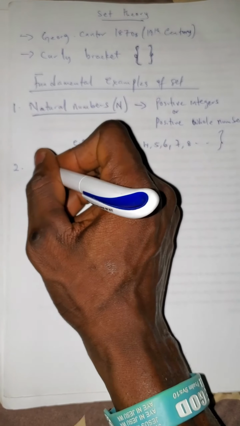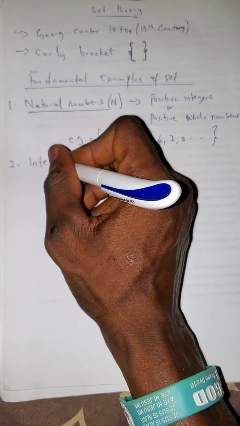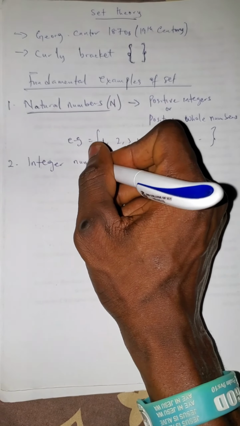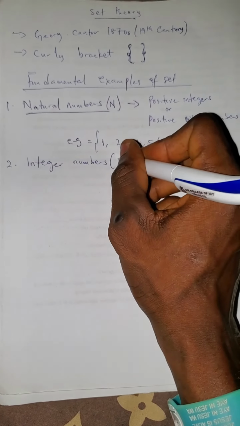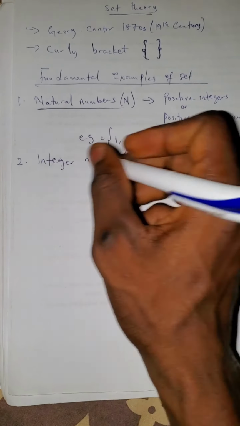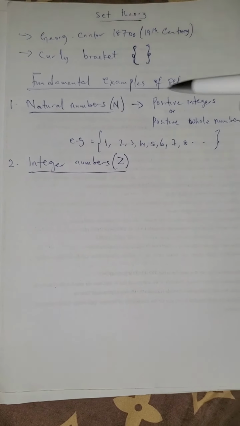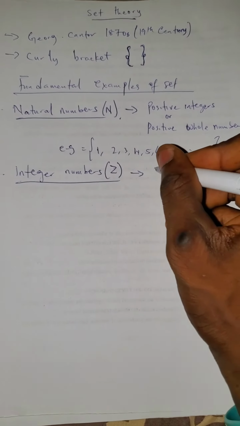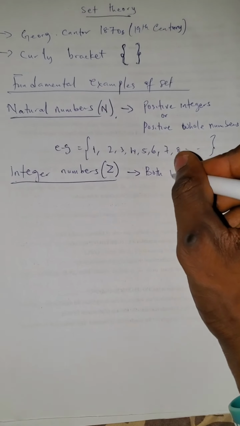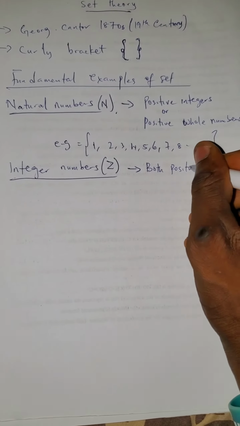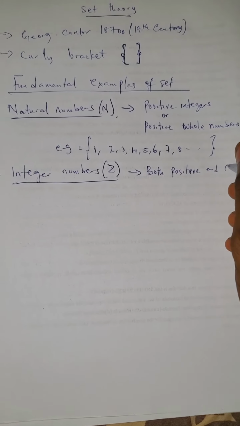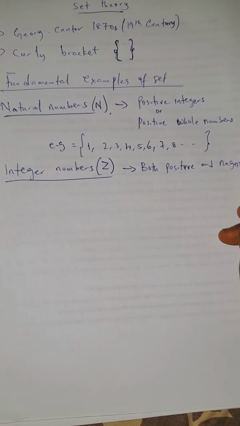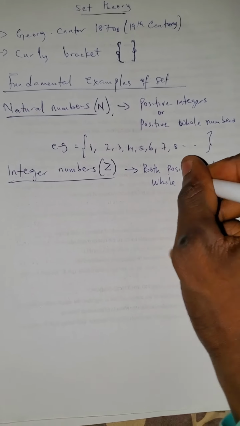Number 2. Now, if I said natural numbers are positive integers, what are integers? Integer numbers are denoted as Z, and natural numbers are denoted as N. Integer numbers are both positive and negative whole numbers.